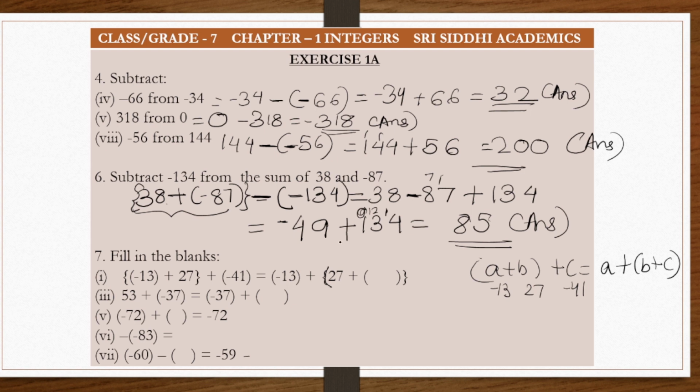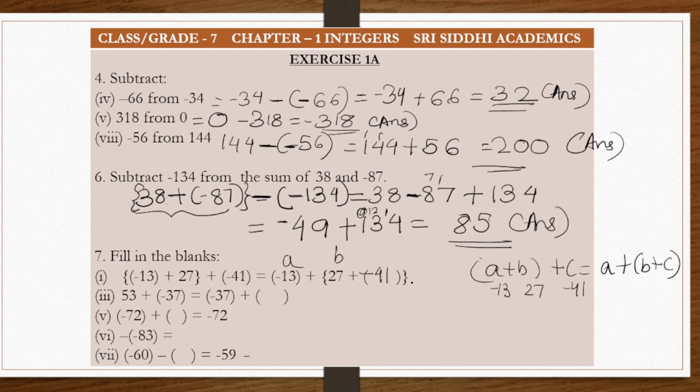If I write like this or I put curly braces, it's one and the same thing. Here we are using curly braces because brackets are being used up by negative integers. So c's value will come here. A is here, b is here, c value is minus 41, which will come here. So it will be minus 41 in the answer for question number 1.